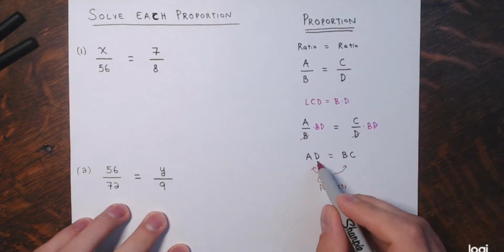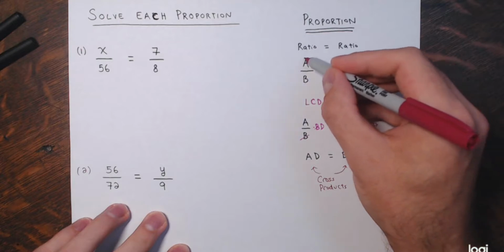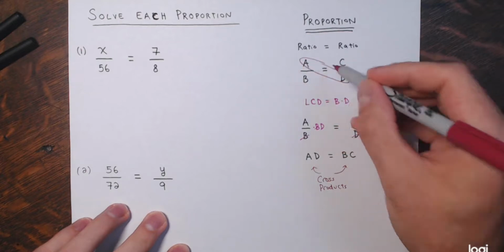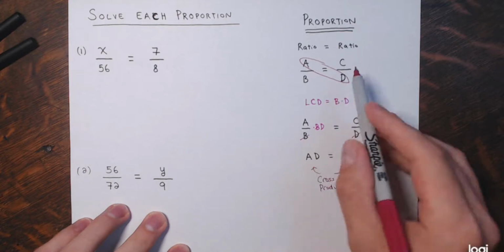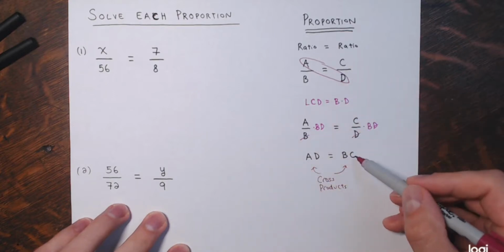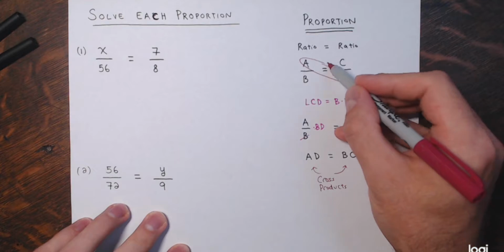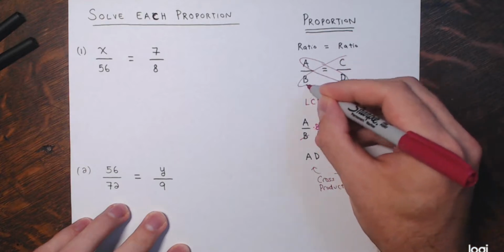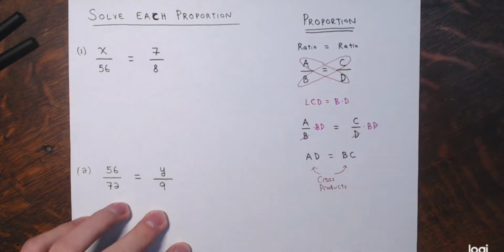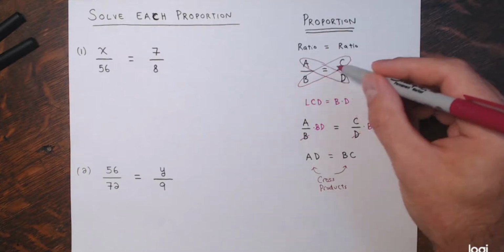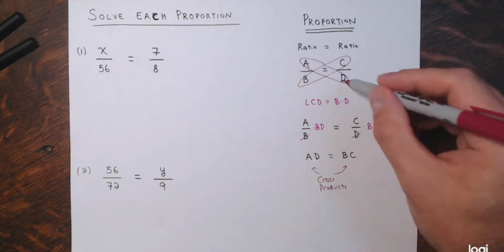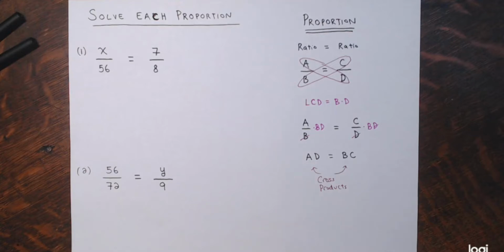On the left, a times d is the product of the numerator on the left with the denominator on the right. The other side, b times c, is the product of the numerator on the right with the denominator on the left. You can see where the name came from: you're taking products of things that form a cross, an X.